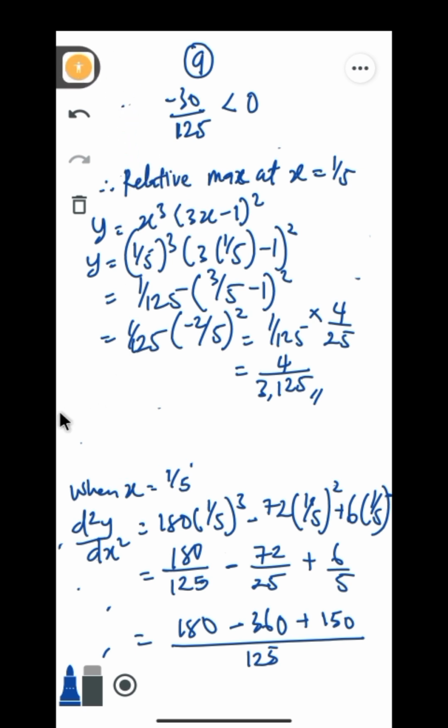So let's get the relative minimum. We know that the relative minimum, remember we got it, is at x equal to 1 over 3.